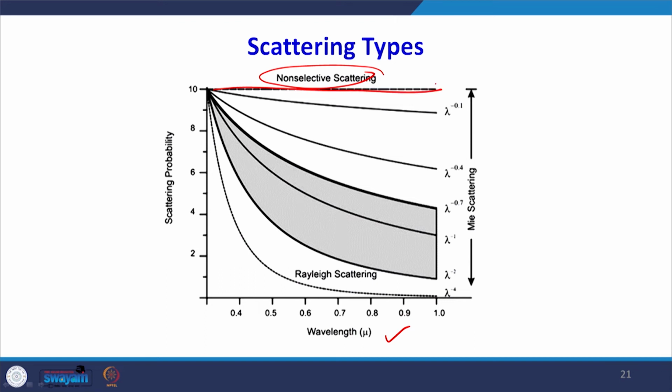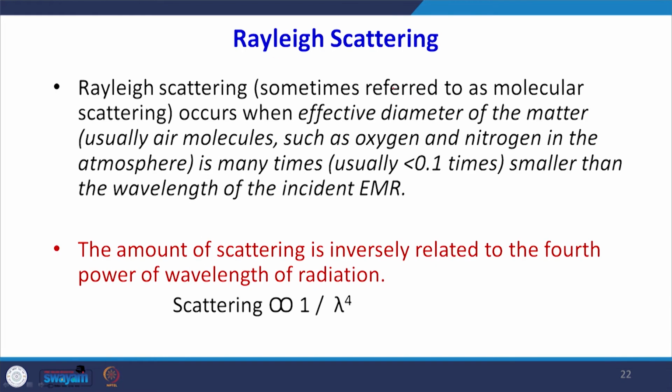So this is the Mie scattering region, this curve is indicating the Rayleigh scattering region, and the top horizontal line is showing the non-selective region. So let us now understand the relationship between the wavelength and the type of scattering which is taking place.